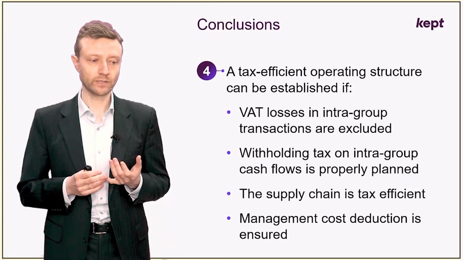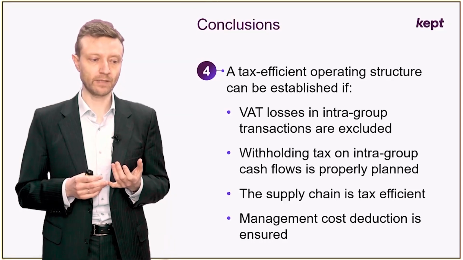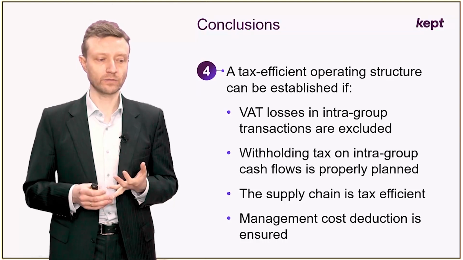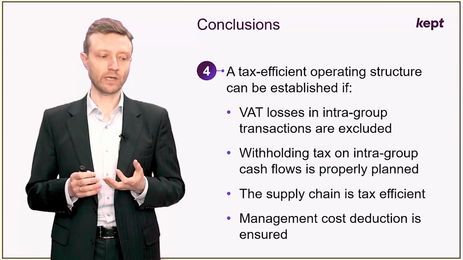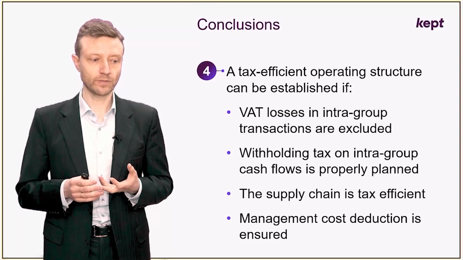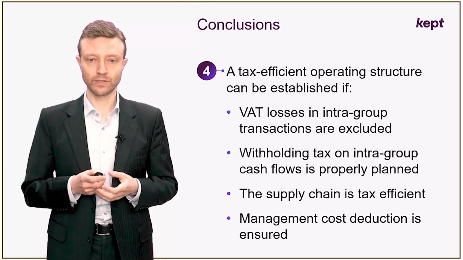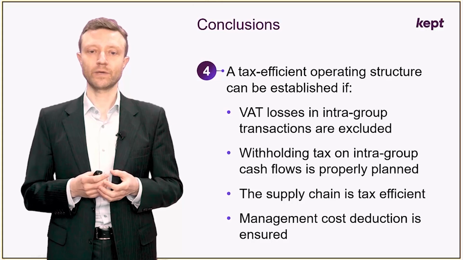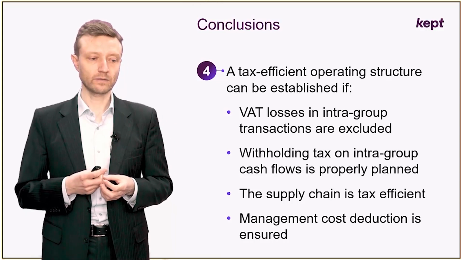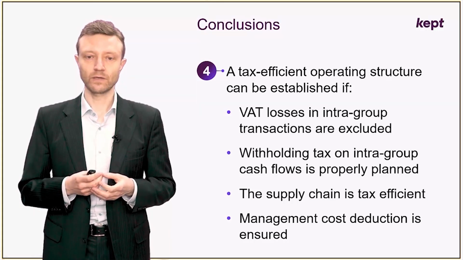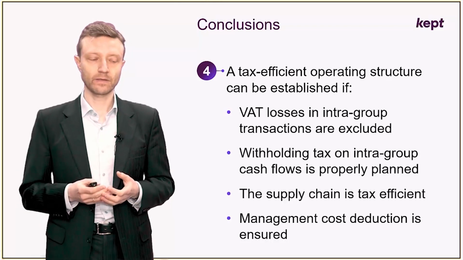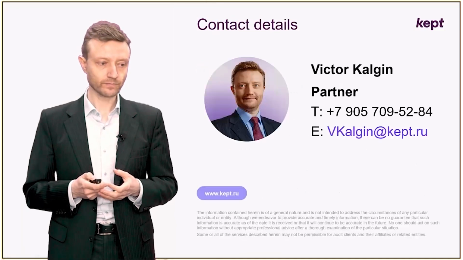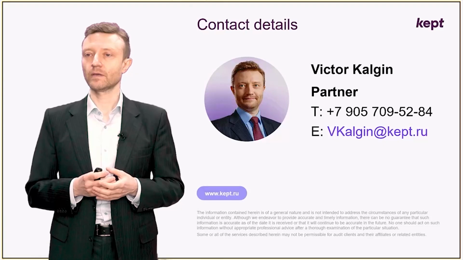Second, withholding tax on intra-group cash flows should be properly planned. Third, the supply chain should be tax efficient. And fourth, management cost deduction is necessary if we are to achieve tax efficiency of financing management costs.